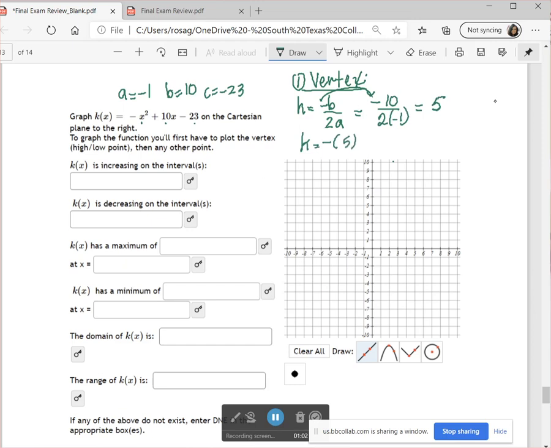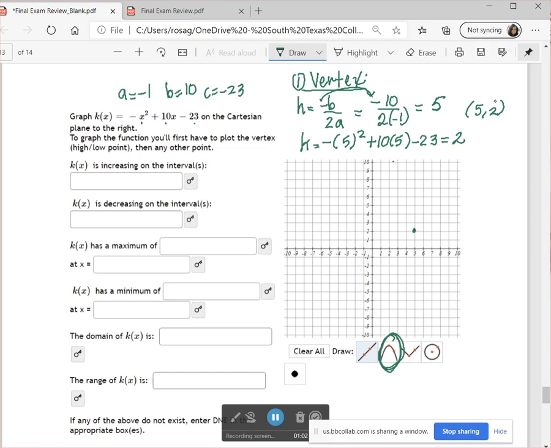Negative 5 squared plus 10 times 5 minus 23. And that gives me a 2. So my vertex is 5, 2. So when you go to my open math, you're going to select quadratic, which is this one. And you're going to plug in your vertex first, which is 5, 2.